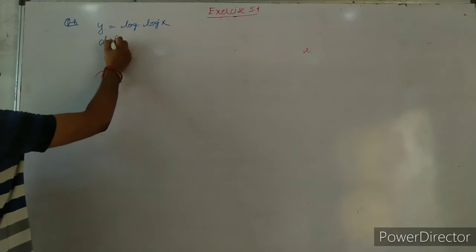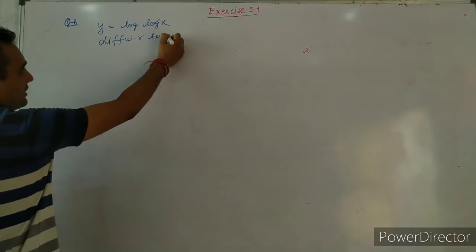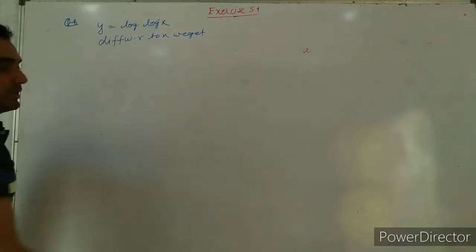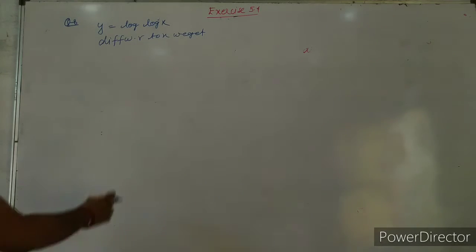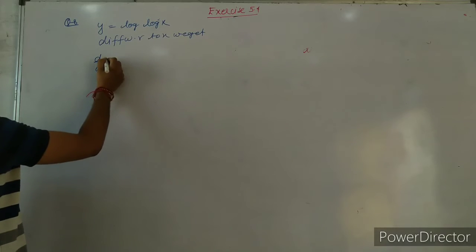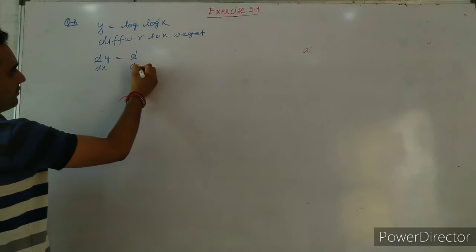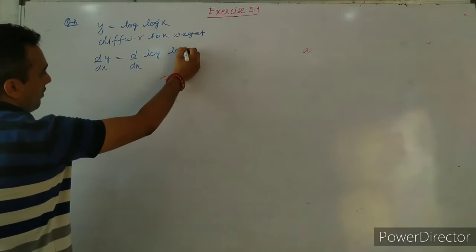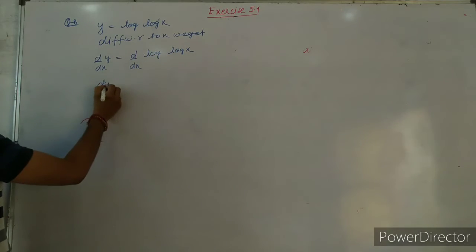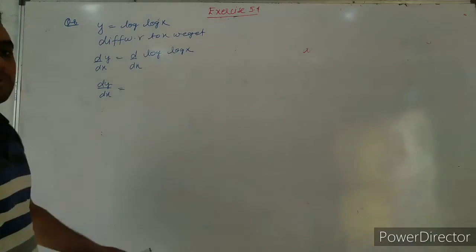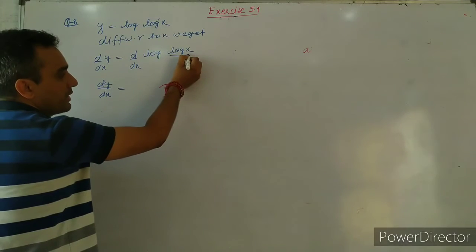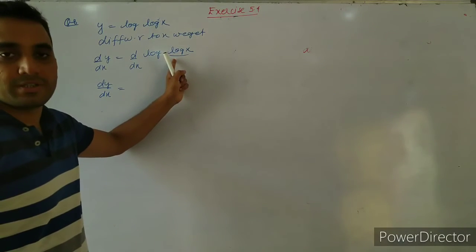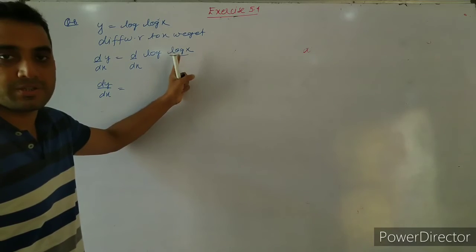So again, differentiating with respect to x, we get, what are we getting now? If I differentiate this with respect to x, differentiation of y will give me dy upon dx, and we know that differentiation of log x is 1 upon x, and here log x is placed instead of x.